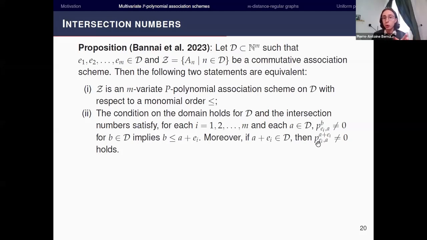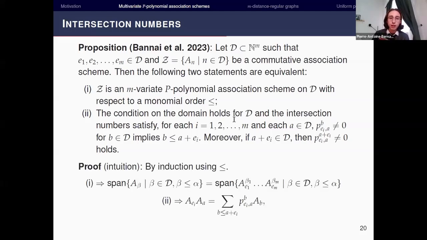And also, the coefficient P_{e_i, a+e_i, a} must be non-zero if a plus e_i is in the domain. So this gives us a characterization of M-variate P-polynomial schemes at the level of the intersection numbers.